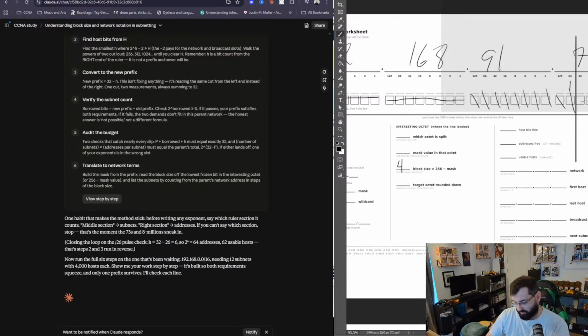Actually, can you turn these steps into a PDF with examples to go with each step?